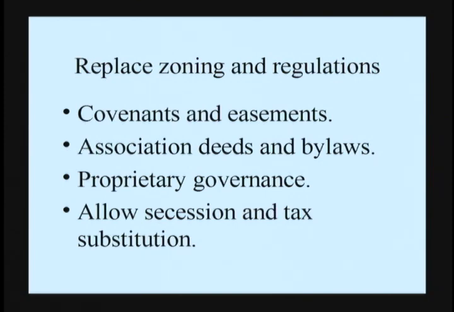People can secede from the government jurisdiction, not necessarily entirely, but for a particular service, such as if you don't like the garbage service of a city, you could create your own community garbage service privately and then not pay that fee to the city. So that would be tax substitution, is doing the same thing privately as a government does and then substituting the tax payments with these private payments.